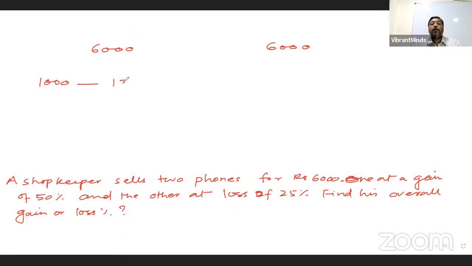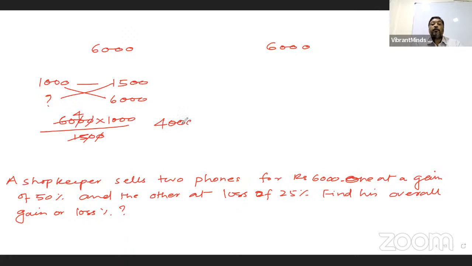Then he is selling for how much? 1,500. 50% is the profit. But he is selling for how much? 6,000. So what will be the cost price? Cross multiply. So 6,000 into 1,000 divided by 1,500. 00 got cancelled. 15, 4. So cost price will be 4,000.